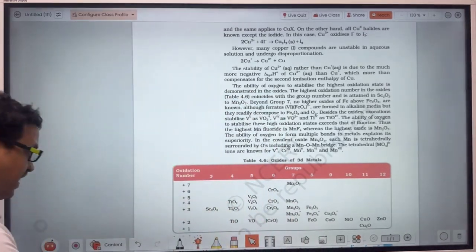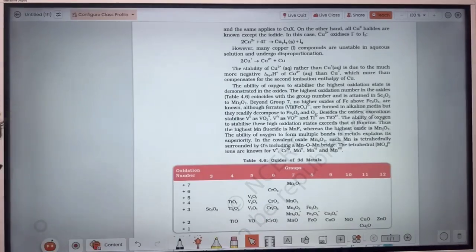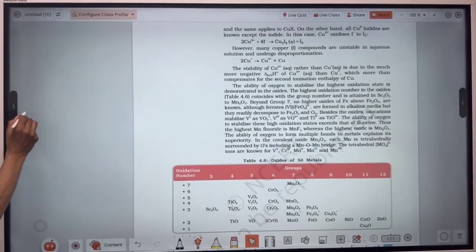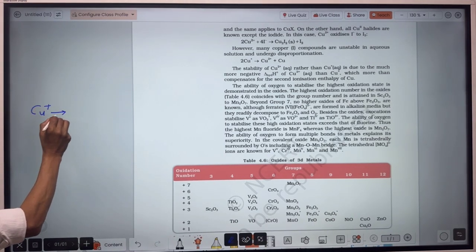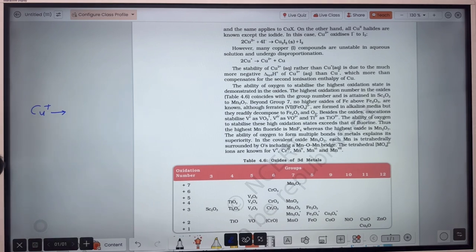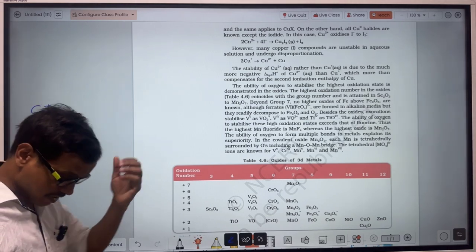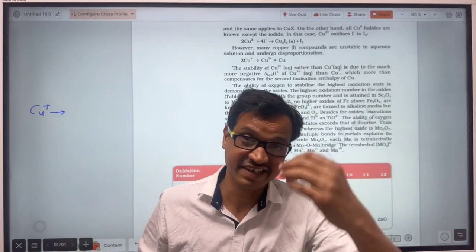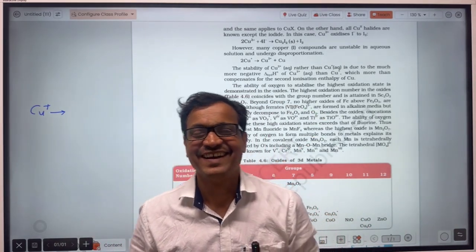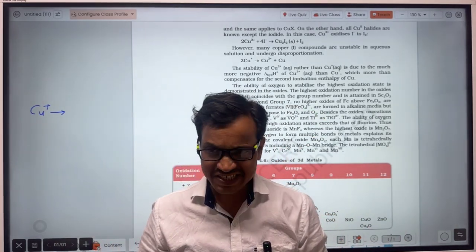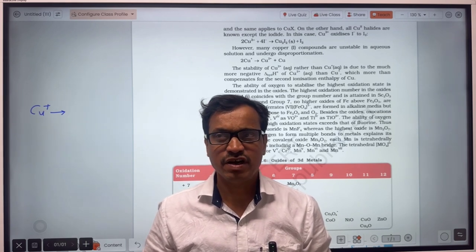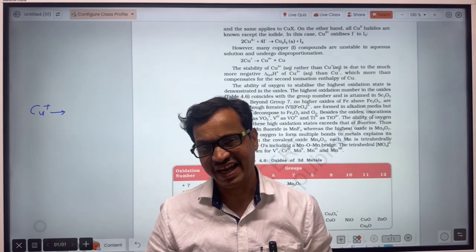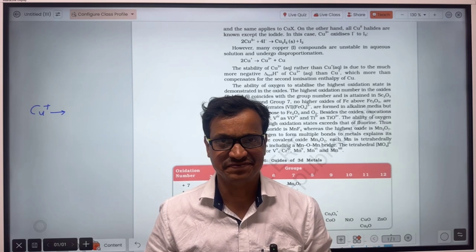So when copper will be in +1 oxidation state, then that will undergo a disproportionation reaction. Firstly, let's see what a disproportionation reaction is.